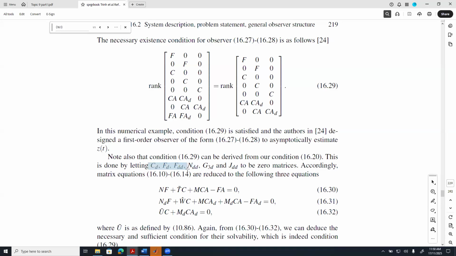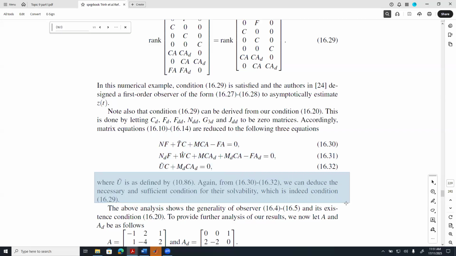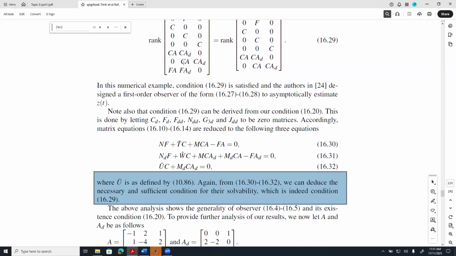So we let all of these matrices equal to 0, and then our 5 matrix equations boil down to these 3 coupled matrix equations. And then with these 3 coupled matrix equations, if we stack them into an augmented form, we can also derive the necessary and sufficient condition for the solvability, which is basically this condition.